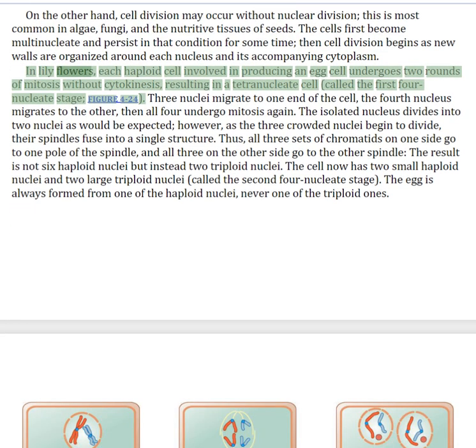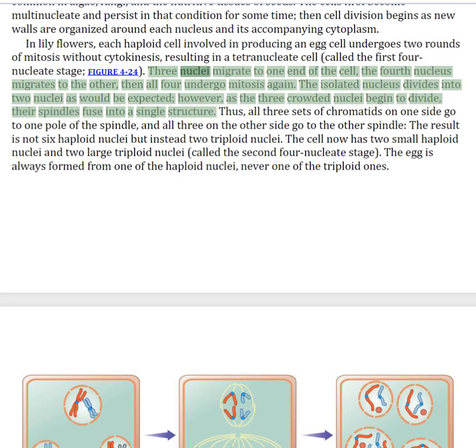In lily flowers, each haploid cell involved in producing an egg cell undergoes two rounds of mitosis without cytokinesis, resulting in a tetranucleate cell. Three nuclei migrate to one end of the cell, the fourth nucleus migrates to the other, then all four undergo mitosis again. The isolated nucleus divides into two nuclei as would be expected. However, as the three crowded nuclei begin to divide, their spindles fuse into a single structure.